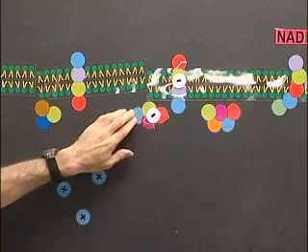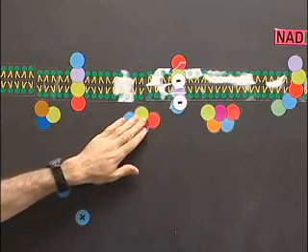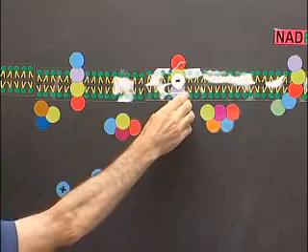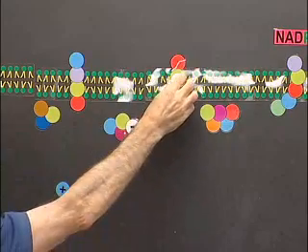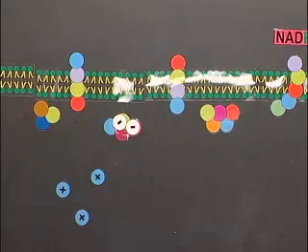Now, the electrons in photosystem 1 are not present. So let me just back this up at this point. You only have 4 electrons in this model.